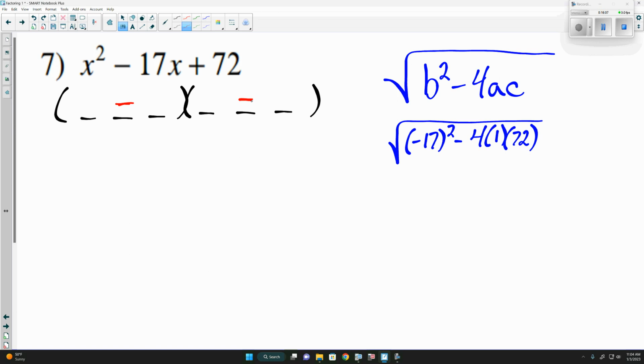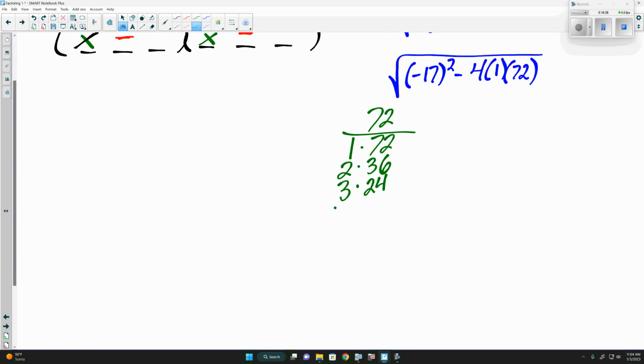Now we need to look at the factors of the first and third term. The factors of x squared are x and x. Those are the only factors of x squared. Now 72 has a few more factors than that. 1 and 72. 2 and 36. 3 and 24. 5 doesn't work because it does not end in 0 or 5. 6 does. 6 and 12. 8 and 9.